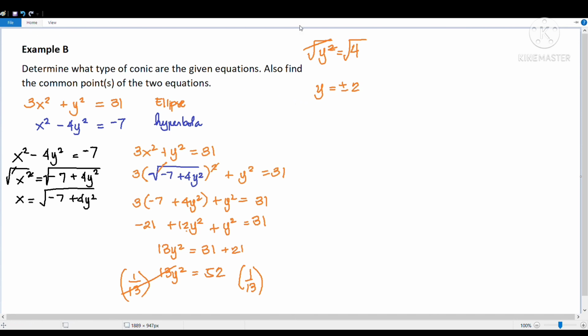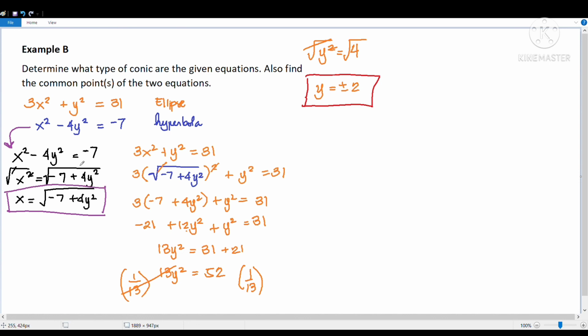Now I can substitute this value of y into one of the two equations. But I think it is better for me to use the second equation, the blue equation, because I have already solved for the value of x in this equation, which is equal to the square root of negative 7 plus 4y squared.